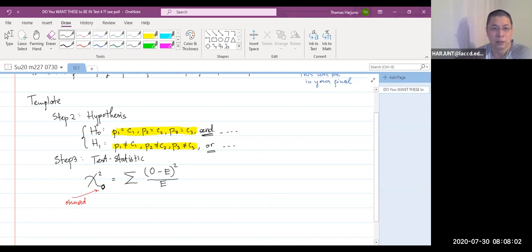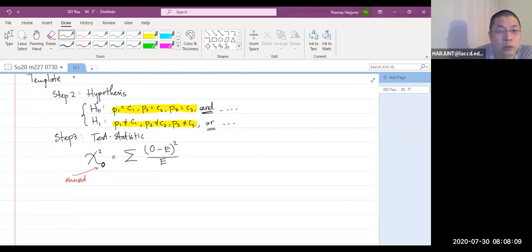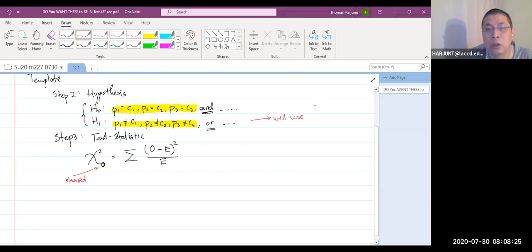Okay, and the way it will be done, they will use chi-square, like what you see here. Now the thing is, they will use a right tail chi-square test. We'll use the right tail chi-square test later on.